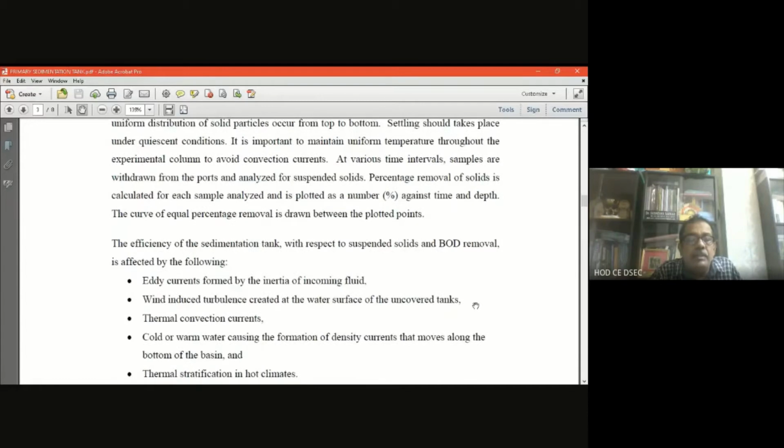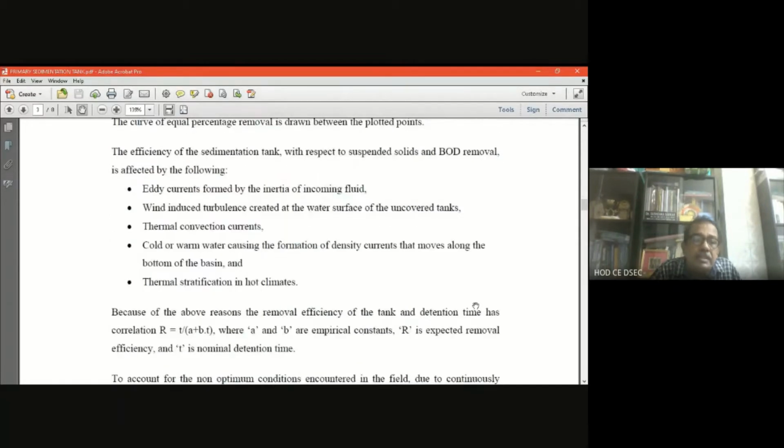That column study I will definitely show you, but the removal efficiency of the tank, whether suspended solids or BOD removal efficiency, depends on what? What are the factors on which the removal efficiency of the sedimentation tank depends? That we must discuss. Number one is the eddy currents formed by the inertia of incoming fluids. When the fluid comes into the primary sedimentation tank, eddy currents influence the efficiency of removal of suspended solids as well as BOD from the PST.